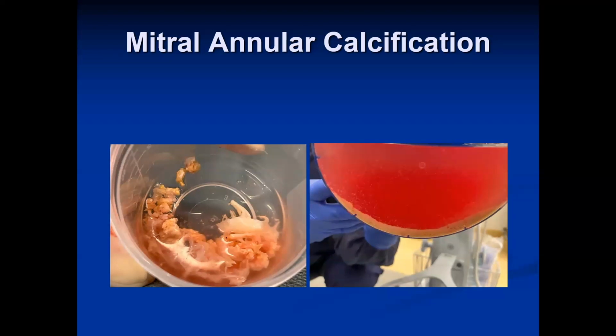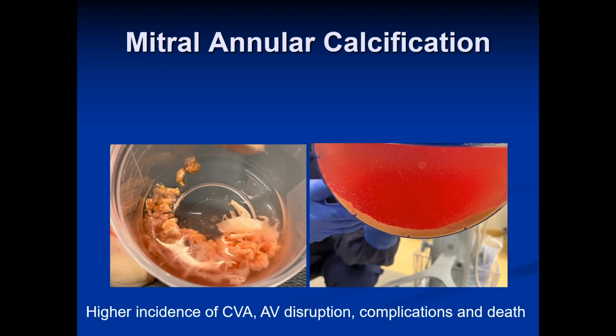But all the yellow tan tissue on the bottom is small areas of calcification. So you can imagine that even though we irrigate and suction them all out, if those escape our surgical field, they would cause embolization. So again, patients with mitral annular calcification have a much higher incidence of strokes, AV disruptions, complications, and death.